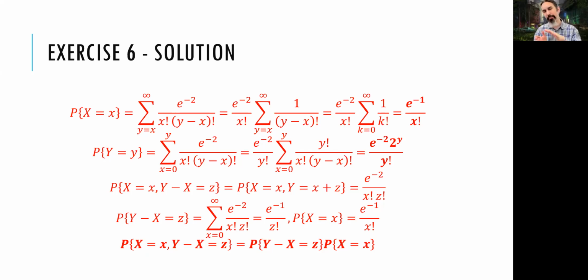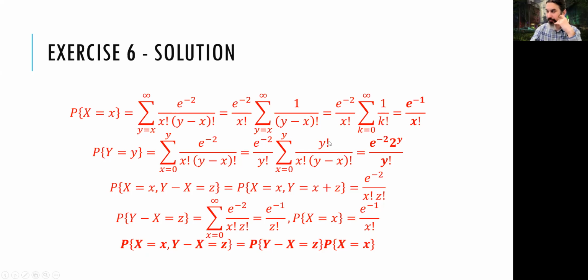Now I need to find the marginal PMF of y, which is going to be found by summing on x. So I'm just going to sum x from 0 to y, the same joint PMF. So from here, I'm just going to remove anything I don't need, which is e to the power of minus 2. This one goes out. Now, I want to find something that resembles something I know: x factorial, y minus x factorial. All I have to do is just add here y factorial, and it's going to be the binomial summation from 0 to y.